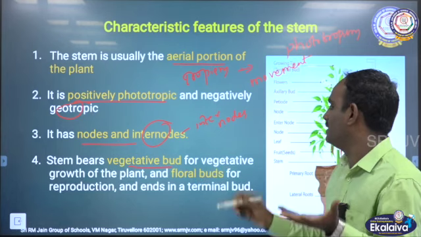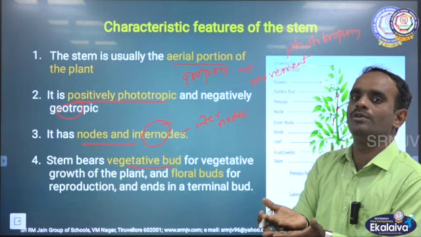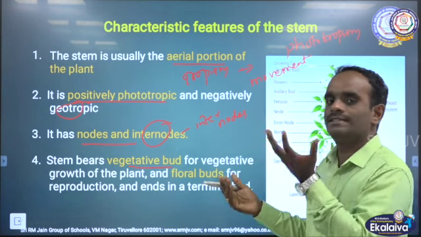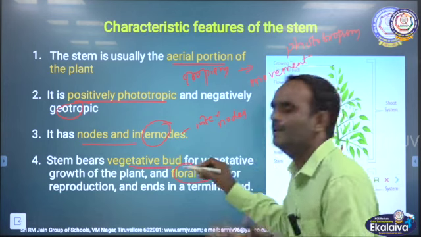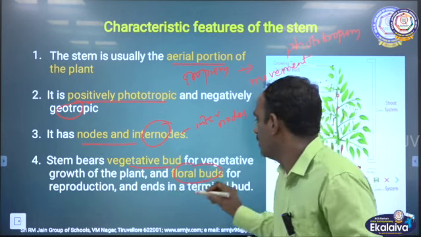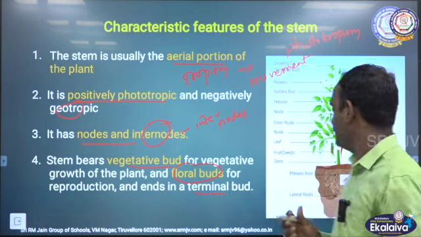The vegetative bud gives rise to the vegetative growth of the plant. The plant grows towards the sunlight, it moves upward, and the stem also has floral buds. The floral buds give rise to flowers, fruits, etc. Okay.